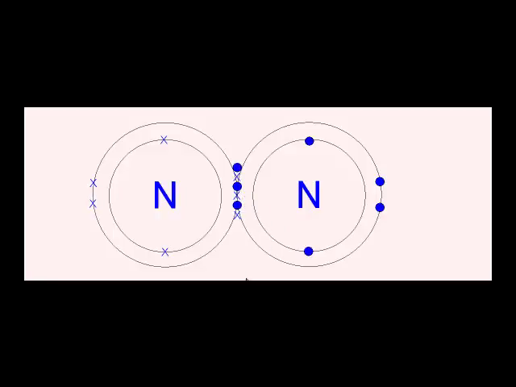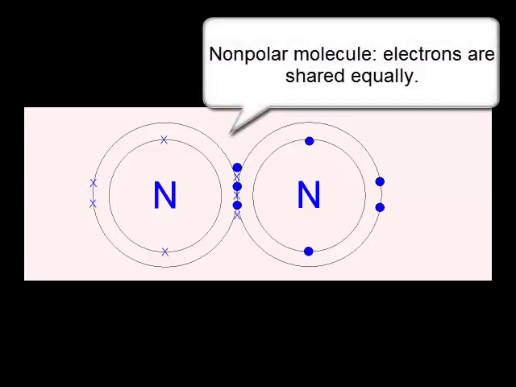If one nitrogen shares 3 and the other nitrogen shares its 3, then they're sharing 6 in the middle, and they have those other 2 on the outside, so that helps them get to 8. When we're sharing 3 electrons from each side, or sharing 6 in total, that's a triple covalent bond. Dinitrogen is an example of a nonpolar molecule where the electrons are shared equally between the 2 nitrogen atoms.